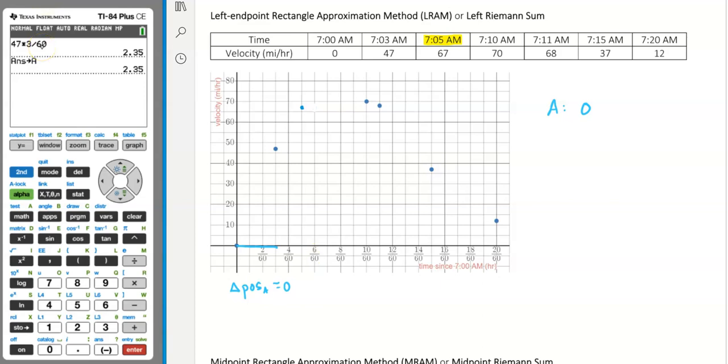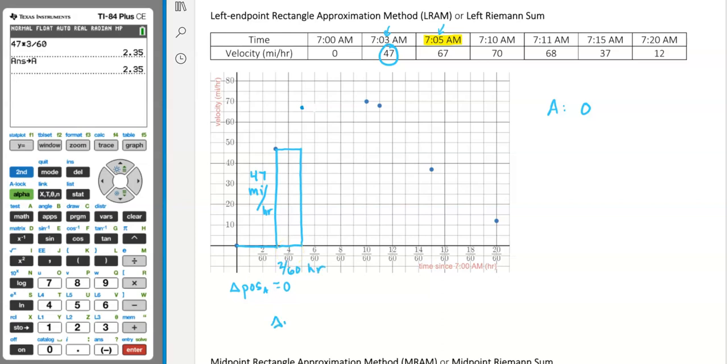Looking at subinterval B, we're going to assume a constant velocity of 47 miles per hour from t equals 3/60ths to t equals 5/60ths. So that is that. And rectangle B will have a height of 47 miles per hour and a width of 2/60ths of an hour.